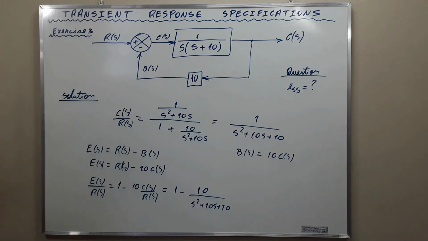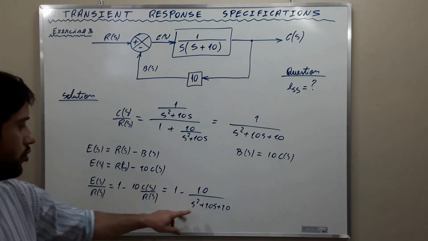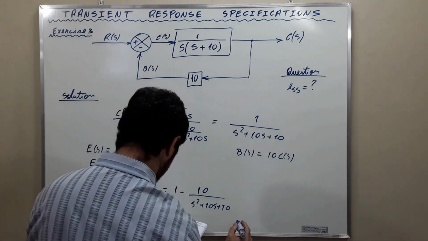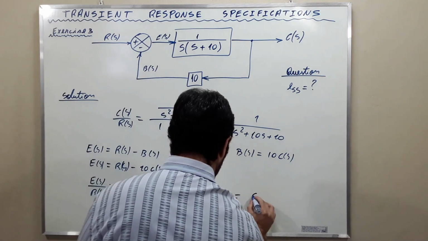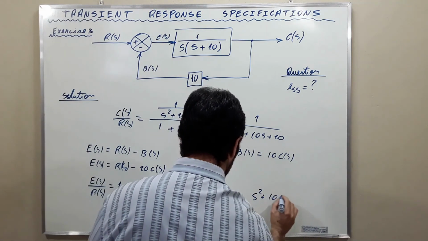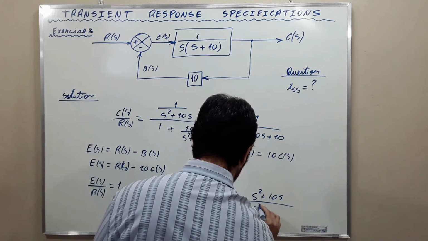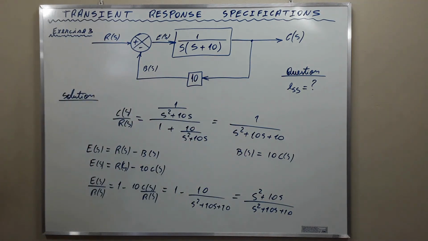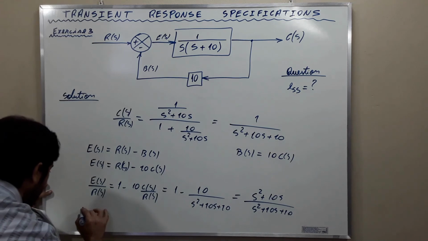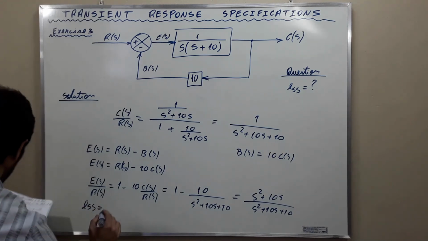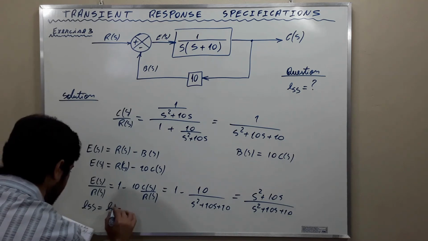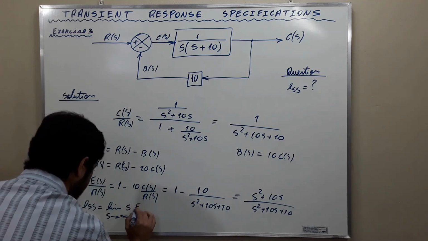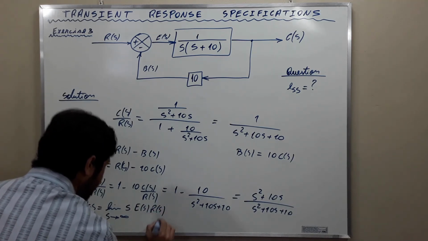Okay? And we are going to multiply this by this and subtract 10 to arrive at the final expression, which is S squared plus 10S divided by S squared plus 10S plus 10. Okay? The steady state error is going to be the limit when s goes to infinity of s E of s R of s.